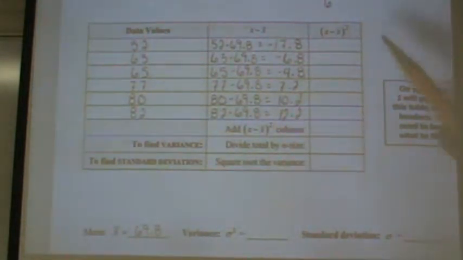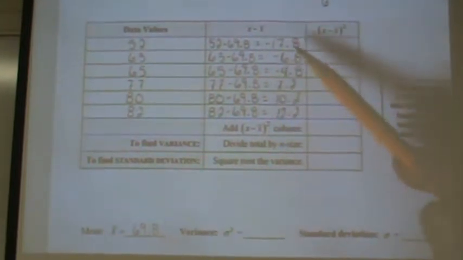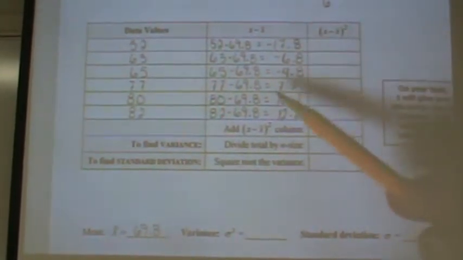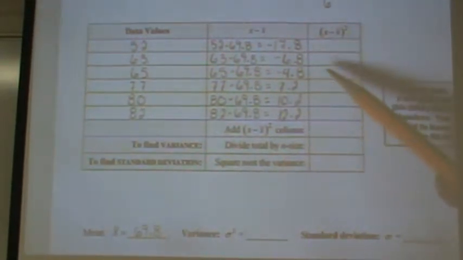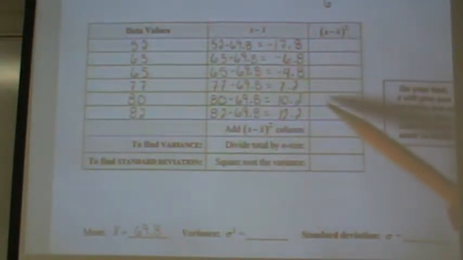The third column, we're taking the answers that we got in our second column and squaring them. You will never have a negative number over here in the squared column. These will all be positive numbers.